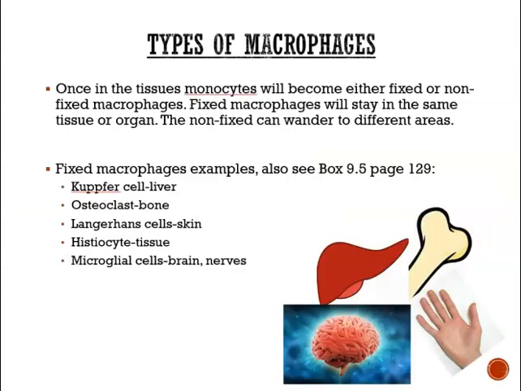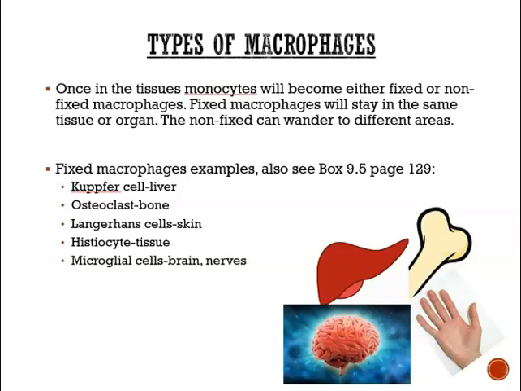Once those monocytes become macrophages and they're in the tissues, they become either fixed or non-fixed macrophages. The fixed macrophages will stay in the same tissue or organ. The non-fixed can wander to different areas. But those fixed macrophages become known by certain names.